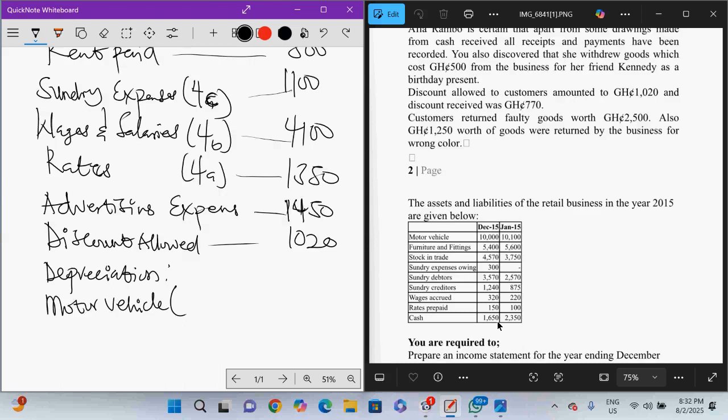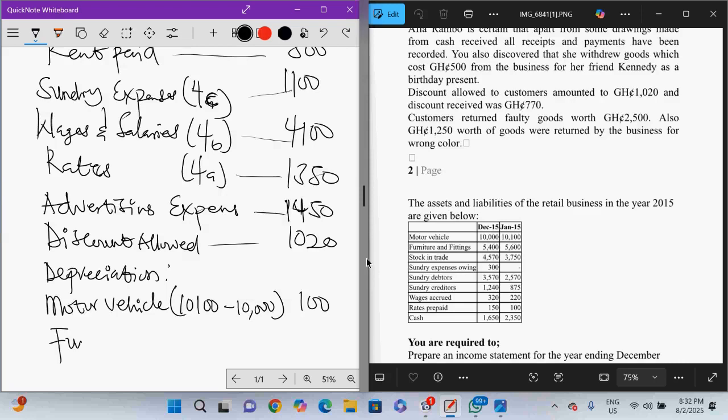What was the cost at the beginning? It was 10,100, and now it is 10,000. So there's a depreciation of 100. And then furniture and fittings, 5,600 and 5,400. Difference 200. What else? So that's it. I think that's all.